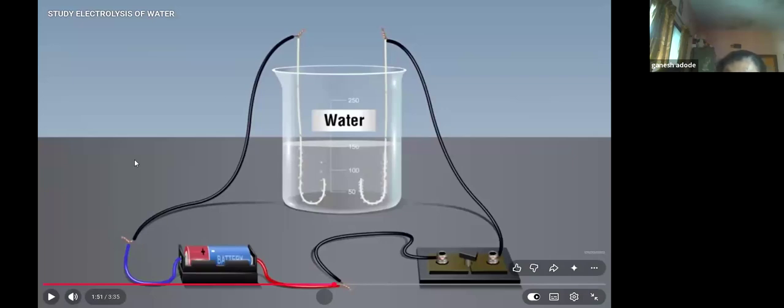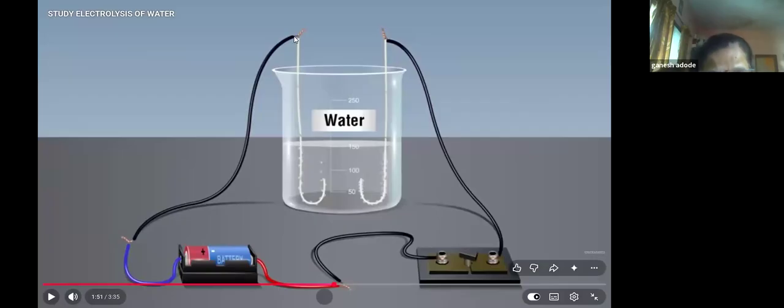The electrode which is attached to the positive end of the battery is known as the anode, while the electrode which is attached to the negative end of the battery is known as the cathode. Right? Negative end, cathode. Positive end, anode.